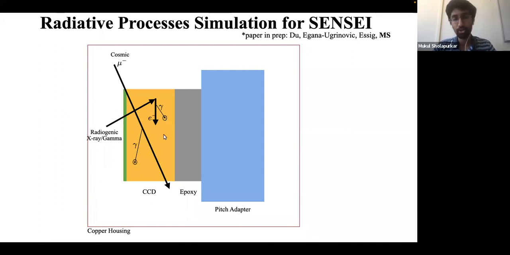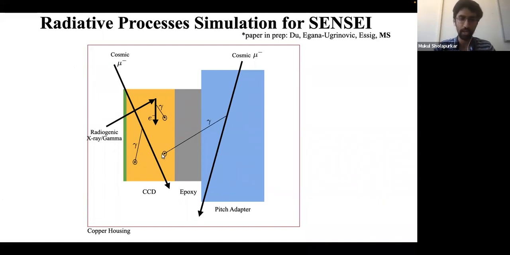And this may not just happen in the instrumented part of the detector, which is the CCD. For example, if a cosmic muon passes through an uninstrumented part, which is still a dielectric, it can have Cherenkov radiation in it. Some of these Cherenkov photons, a fraction, can pass through these layers and also deposit a one electron event in the detector.